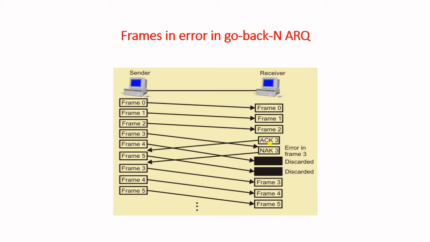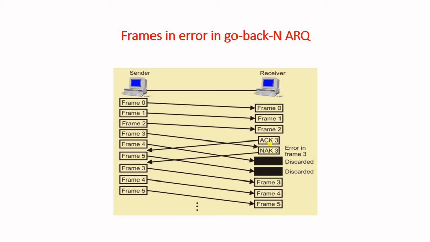As soon as the sender receives the negative acknowledgement, it sends the frame for which it has received the negative acknowledgement and all the frames which were sent after this. So in this case, frame 3, 4, 5 is resent, retransmitted. That is why this is known as go back N ARQ. So in this diagram there is a situation in which one frame is not received correctly. So for this, the receiver sends the negative acknowledgement.